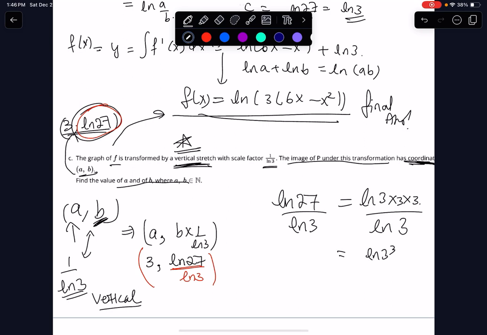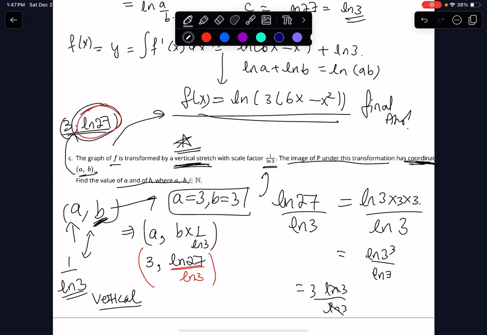So this is ln of 3 cubed by ln of 3. The ln of 3 cubed is just 3 ln 3 by ln of 3, and then these two cancel out, so you're left with only 3. So if a is equal to 3, then b is also equal to 3 when you're introducing a scaling factor of 1 by ln 3.